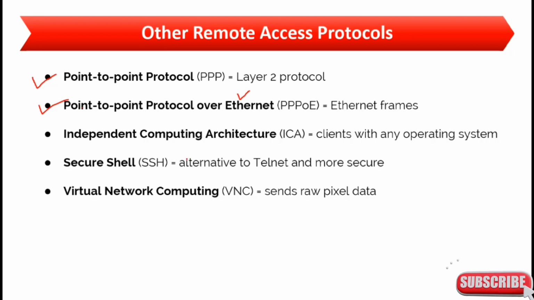Next is Independent Computing Architecture, ICA. Now, Independent Computing Architecture is a protocol designed by Citrix Systems to provide communication between servers and clients. The most common application that uses ICA is Citrix WinFrame, which administrators can use to set up Windows applications on a Windows-based server and then allow clients with virtually any operating system to access those applications.